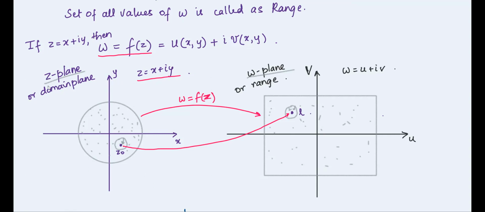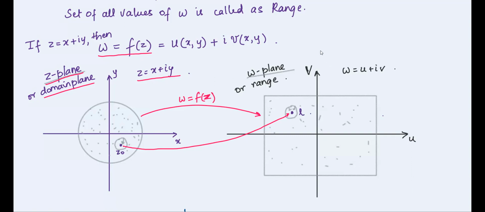And we discussed what is called the z plane or the domain plane. Now, the mapping w equal to f of z maps to another plane, which is called the w plane, or the codomain plane or range plane, this Argand plane.